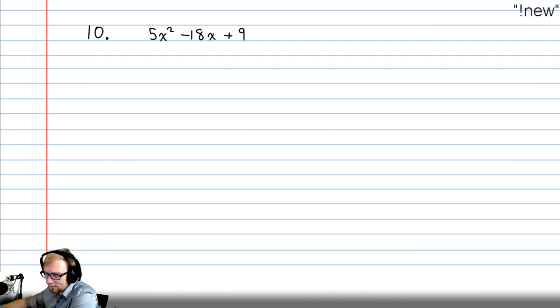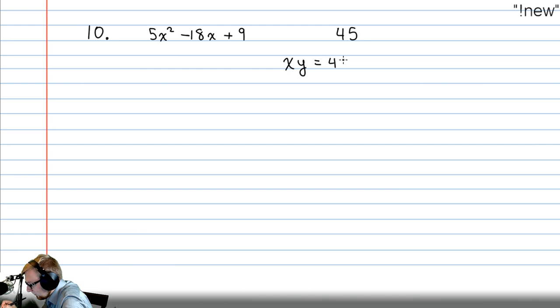Okay. Well, I multiplied 5 and 9. You get 45. Good. And then the 2 numbers have to add to equal negative 18. Yep. And I got 15 times 3 is 45, and negative 15 plus negative 3 is negative 18.